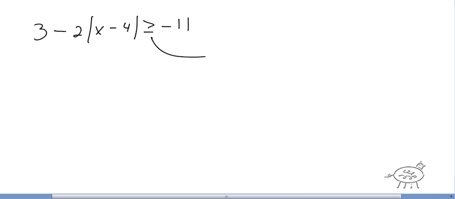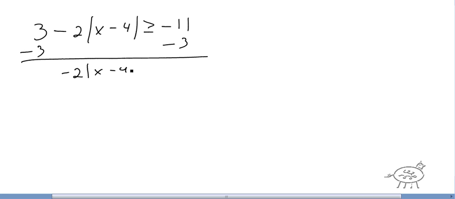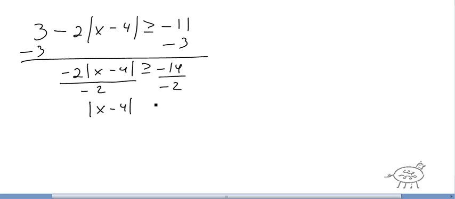So we're going to solve, subtract 3, negative 2 absolute value of x minus 4 greater than or equal to negative 14. Divide by negative 2. Okay, then we have absolute value of x minus 4 is less than or equal to 7.